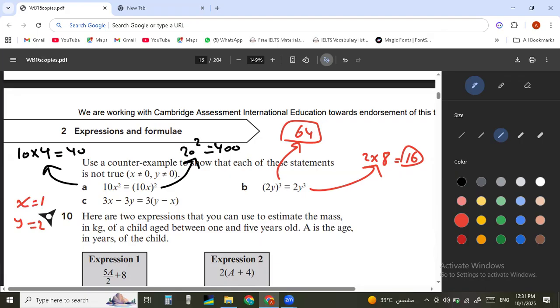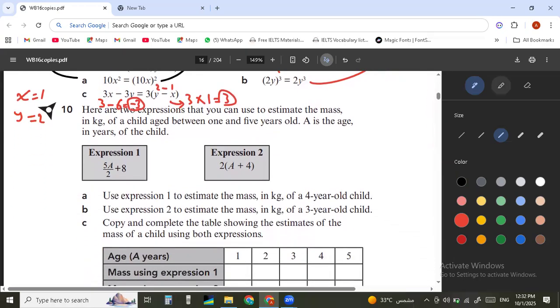So if X is 1, so 3 times 1 is 3, and Y is 2, so negative 3 or minus 3 times 2 is 6, so minus 6, which is going to be equal to negative 3. But if I do it here and I say X is 1 and Y is 2, so 2 minus 1 is just 1. So 3 times 1, which is 3. They are not equal. This led us to negative 3, while the other one led us to positive 3. So they are not the same.